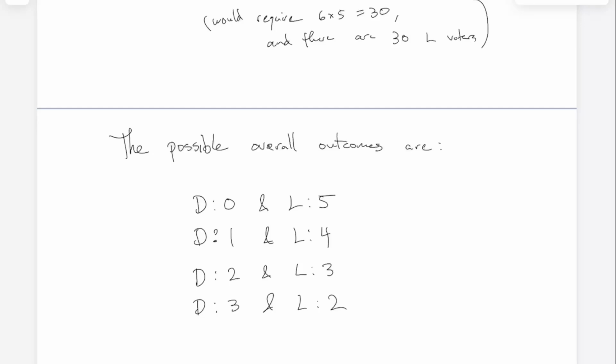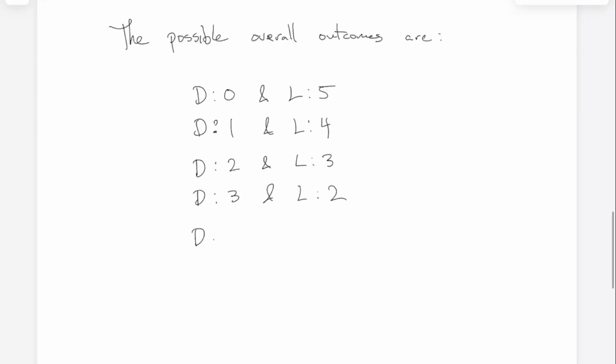And that's it. It is not possible for the D's to win any more than 3, which means these are the only possible outcomes. So maybe you could imagine, what about D4 and L1? But that's not possible because of what we said earlier. D can't win more than 3.